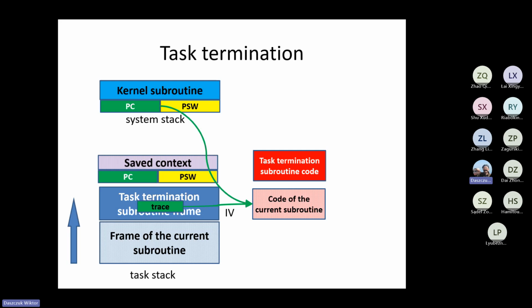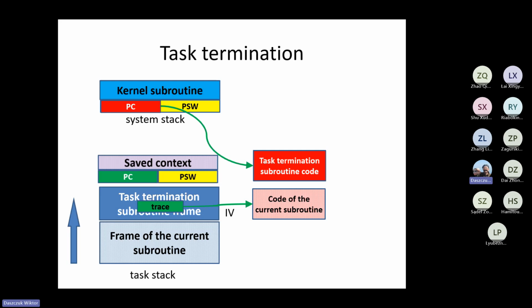But it is artificial. This trace is entered by the kernel, not by the subroutine call. And the program counter on the system stack is changed to this task termination procedure code. So if we perform IRET, we will go back to this procedure rather than to this one.